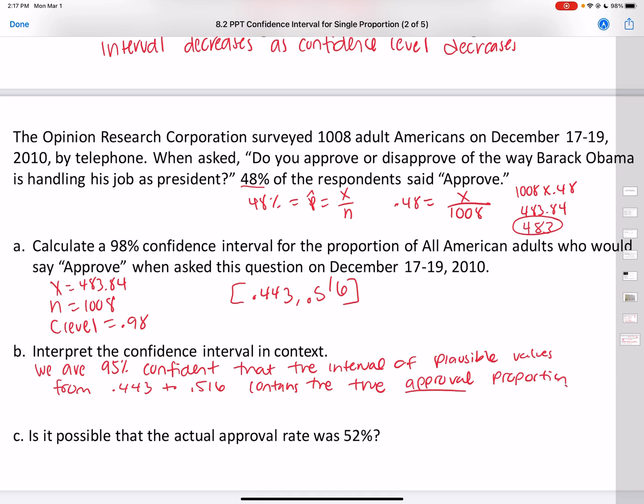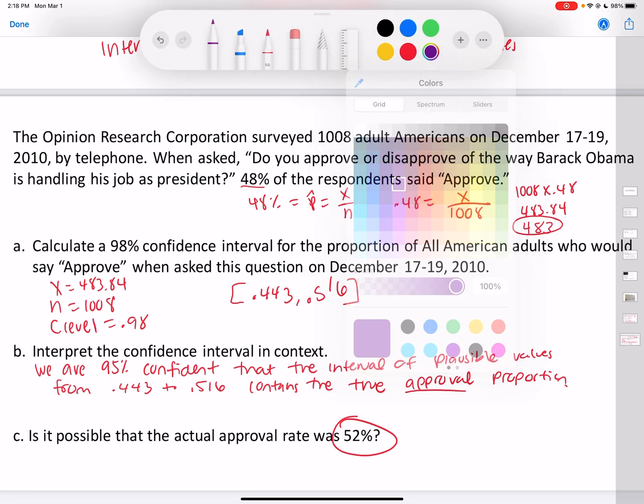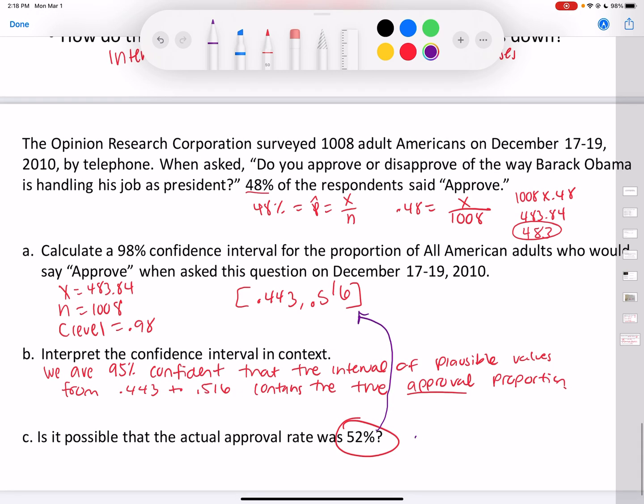Okay. Is it possible that the actual approval rate was 0.52? So when we're asking about a specific value, we want to know if that value falls within that interval. A lot of times when we're talking about a difference of proportions or difference of two means, we're looking for that 0. But here I'm saying, is it possible that the actual approval rating could be 0.52 instead of the 0.48?